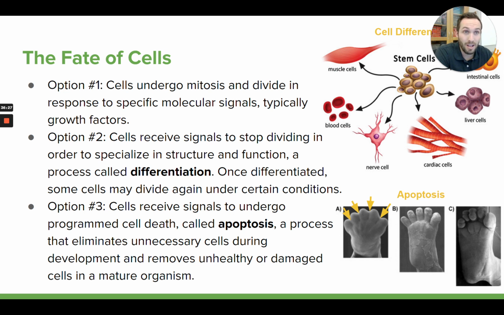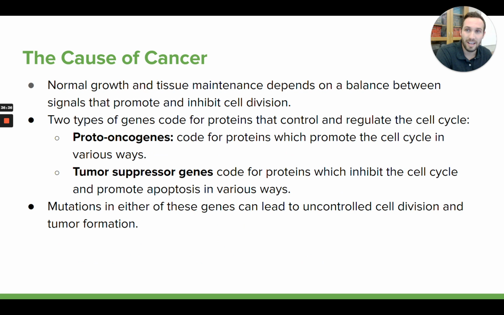So either a cell is going to be dividing, or a cell is going to be alive and not dividing, or a cell is going to go away through apoptosis. And then the very last thing in these notes is, since we're talking about the cell cycle and its regulation, we have to talk about cancer, because cancer is ultimately caused by uncontrolled cell division.